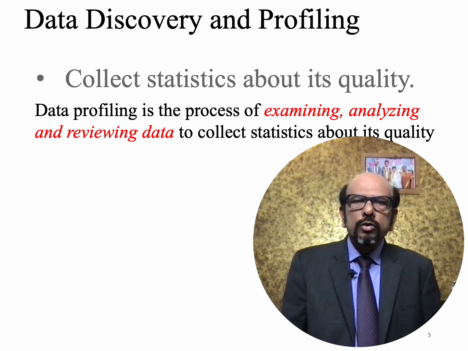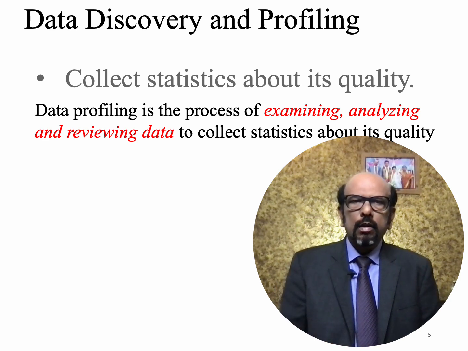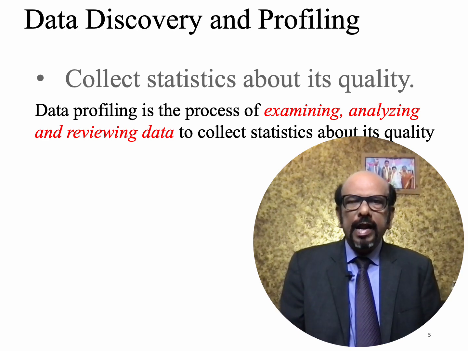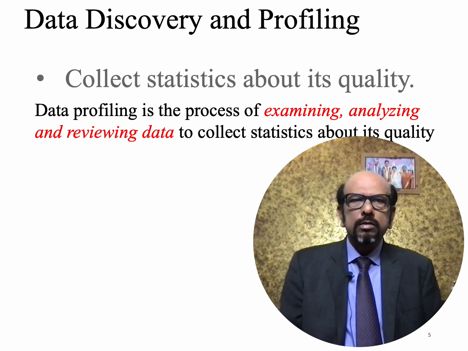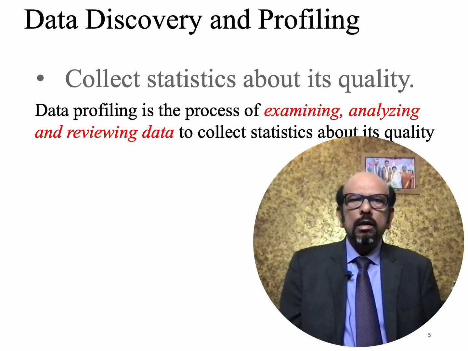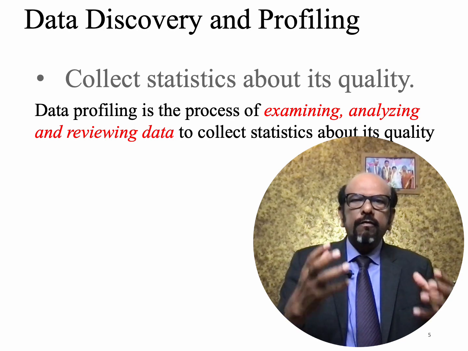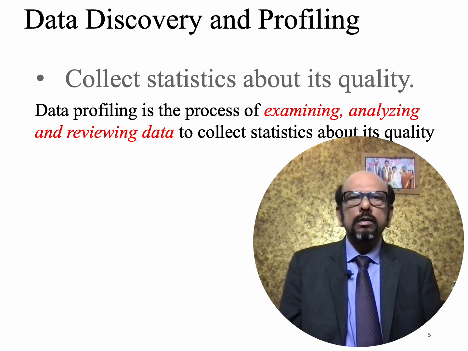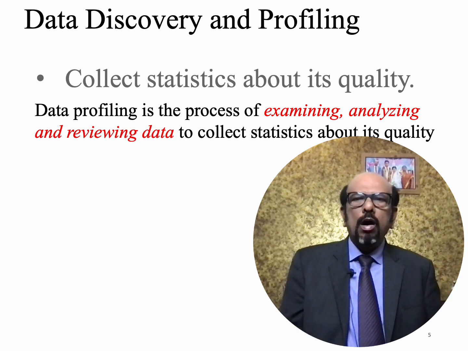So what you should do is, you should collect statistics about its quality. For example, if there is a column called body mass index and there are totally 15,000 rows, verify if there are any zero entities. What is the body mass index range? You try to understand from the domain expertise. See whether they are all in the same order.